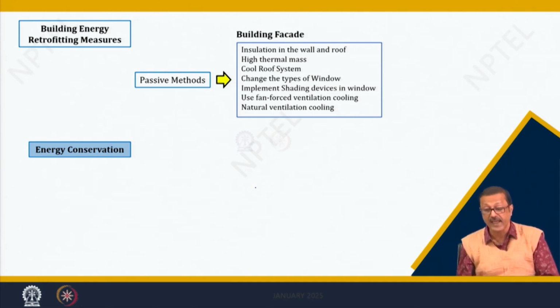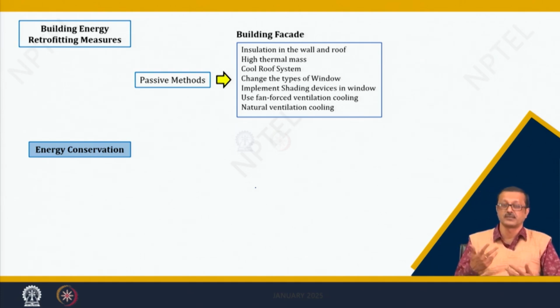We can use the fan forced ventilation for the cooling instead of the air conditioned areas, if that particular area allows it. The way we can think of maybe a series of ceiling fans and the fan forced ventilation.